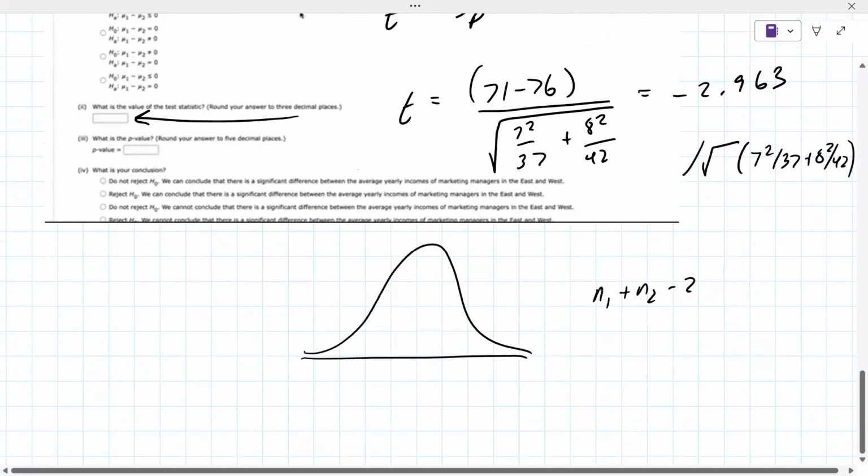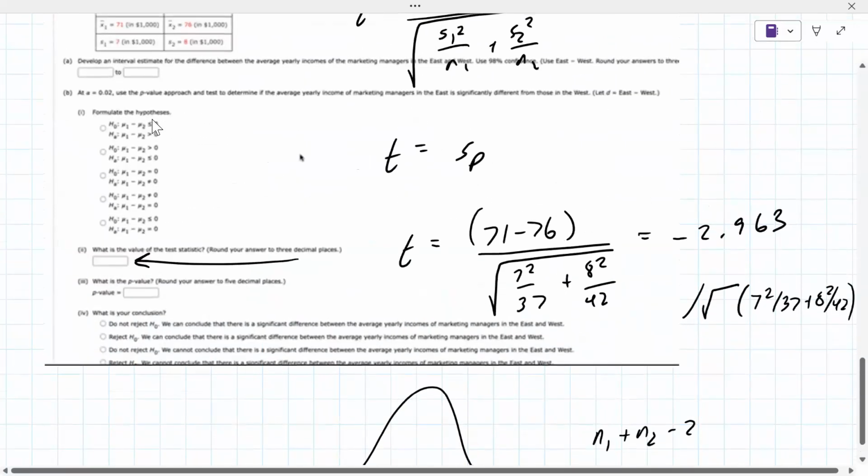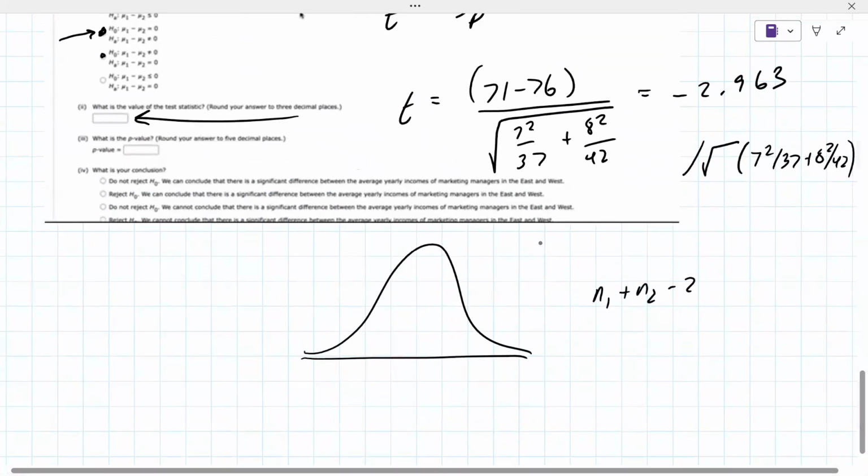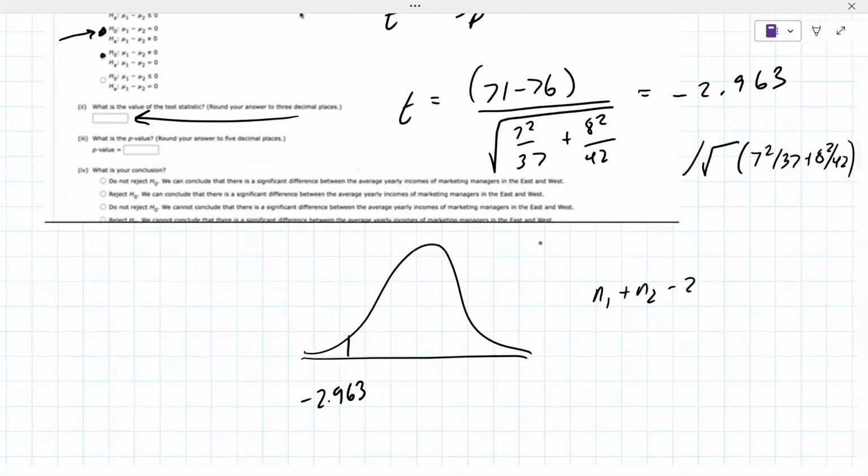All right, let's try it if you don't mind, but let's get to the easy stuff. Significantly different for the hypothesis test, so that is this one here. You've maybe already got that down. So it's a two-tailed test, minus 2.963, like that, 2.963.